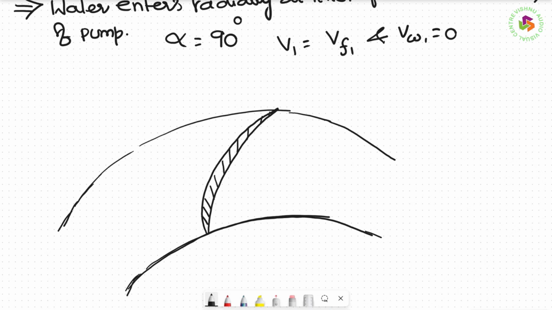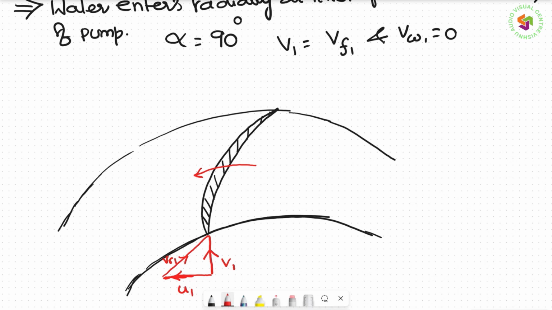Here water enters radially. Then second thing, it is moving in this direction. So this is U1. Now if you connect these two, this is what VR1 is.